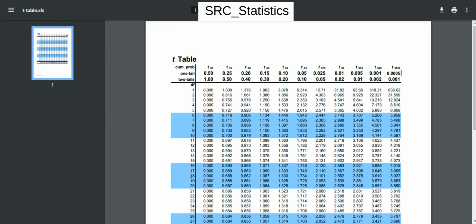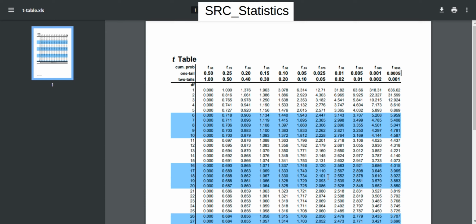And the degrees of freedom 18. So choose the row for degrees of freedom 18 and column for two tail alpha equal to 0.05. Okay. The intersecting cell is 2.101. That is our critical value of t for alpha equal to 0.05, degrees of freedom 18, two tail test.